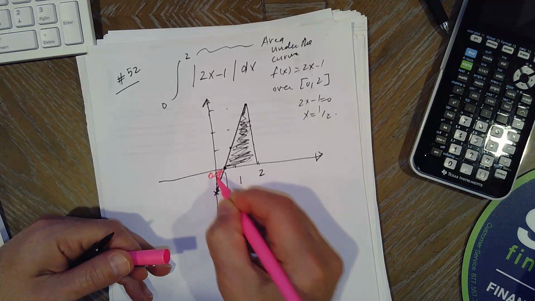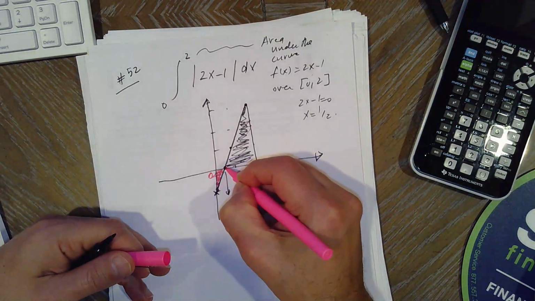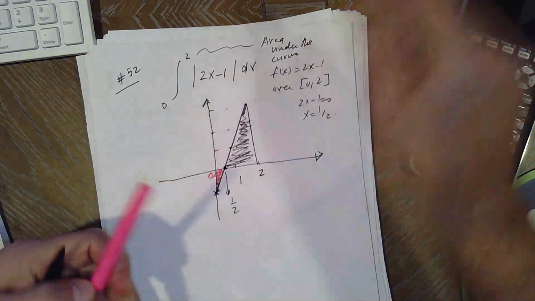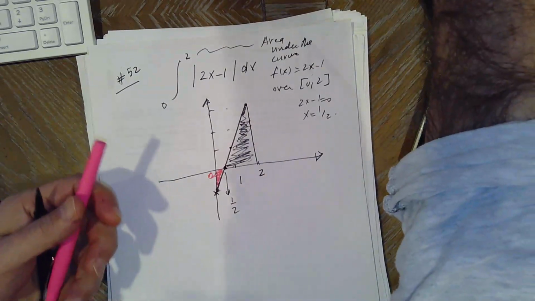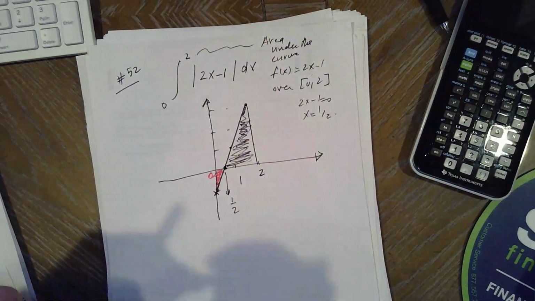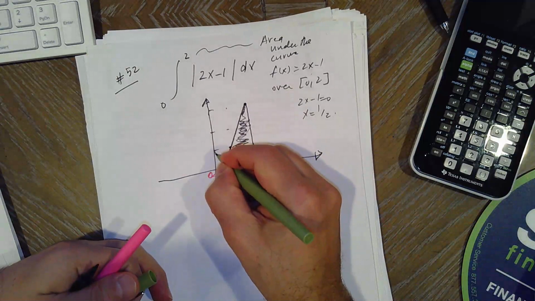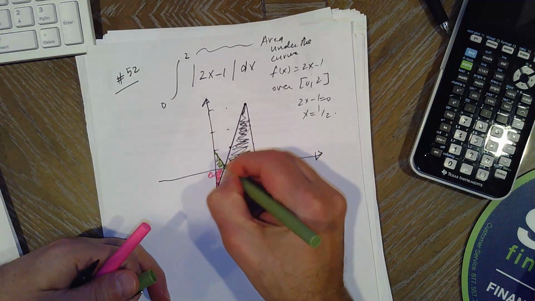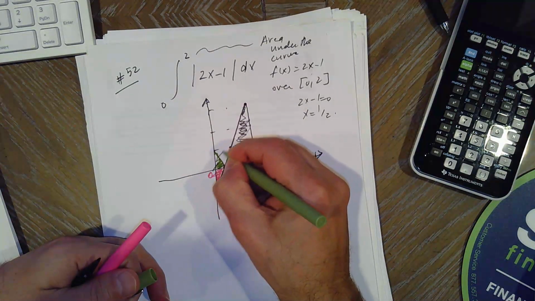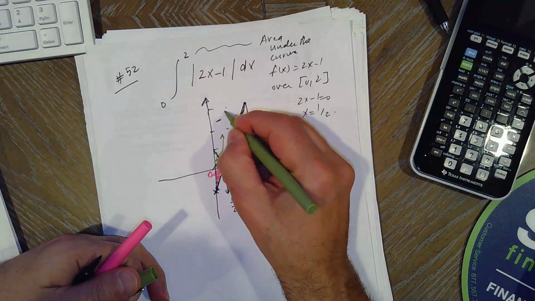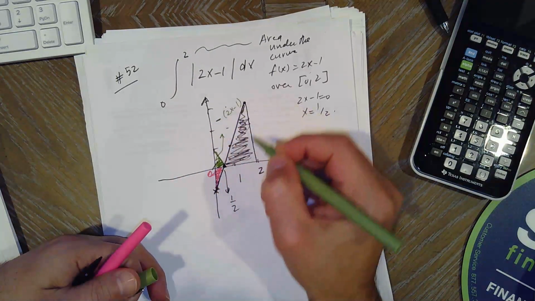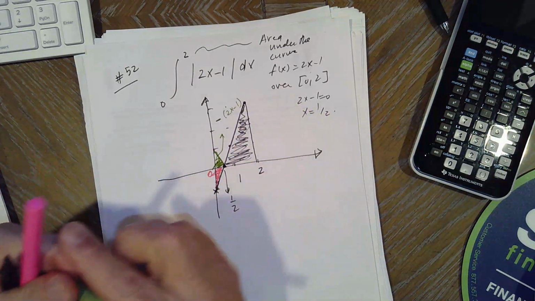But to get the area, we gotta flip it. We're gonna find this much, and this is gonna be negative of 2x minus 1, right? It's the opposite between 0 and 1/2.